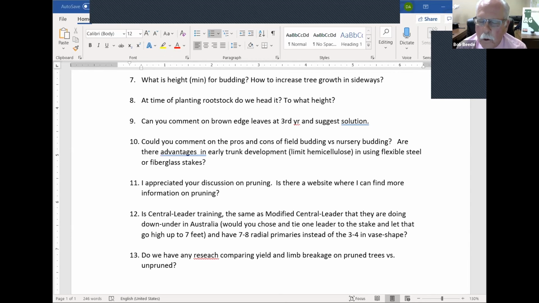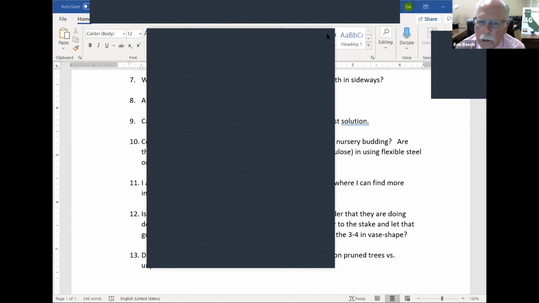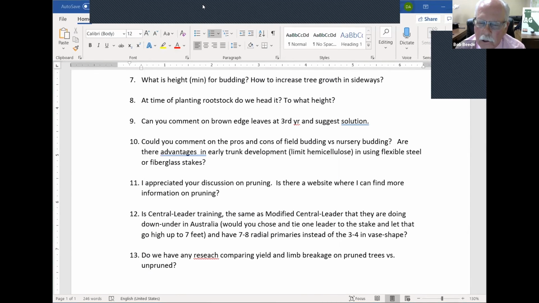Now, one might argue, well, gee, you're giving up carbohydrates, but in my opinion, the amount of carbohydrate that I'm sacrificing by defoliating a young tree, which, now pause and think of this, has already achieved my growth expectation for the season.